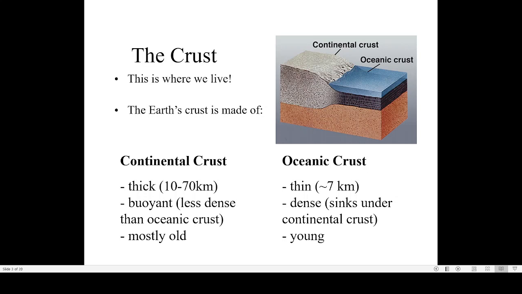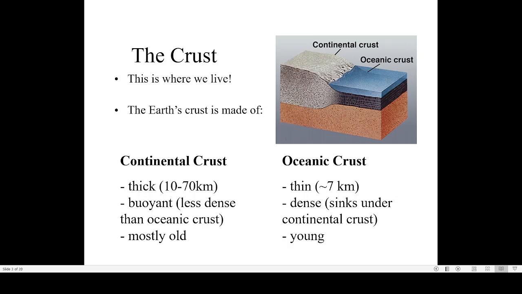Then another point is that the oceanic crust is denser or stronger. The rocks in the oceanic crust are more tightly packed. Whereas the continental crust is less dense. Here you can see that it is only 7 kilometers, but it is near 10 to 70 kilometers.